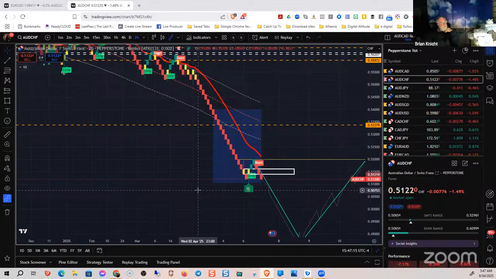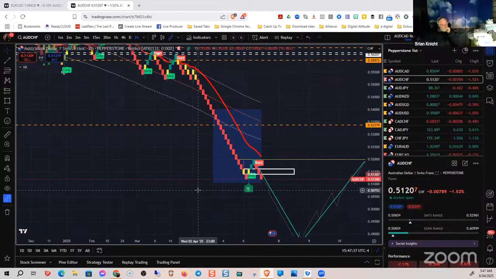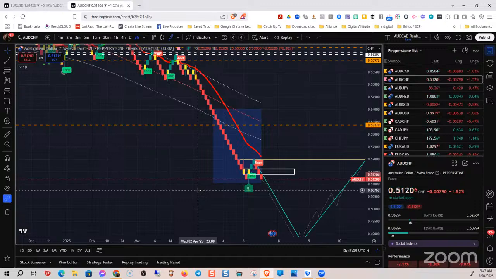Your trend line bar has to be on the other side of this box. If it creates a new low, just slide your box down with it to the next set. Your next set would be that red brick, because that's the last red brick that created the new low. Set up your new box to combat it. You're only trading that specific area. The rest of the chart doesn't matter.